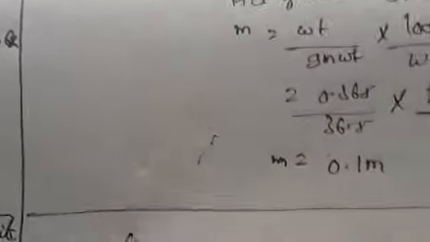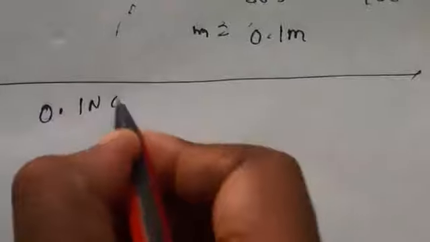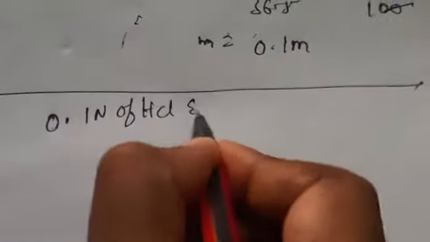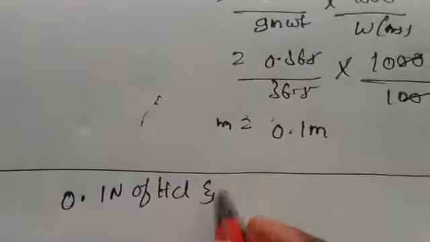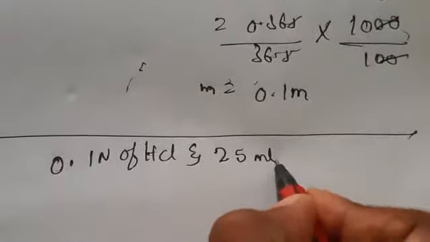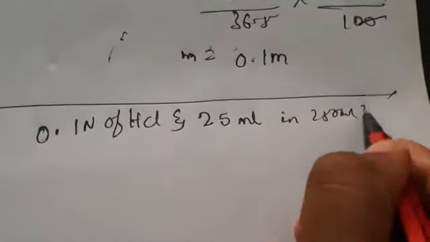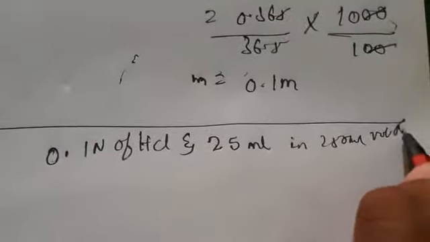For example, here we have 0.1 normality of HCl, and 25 ml of HCl dissolved in 250 ml volume of the oxalic acid.